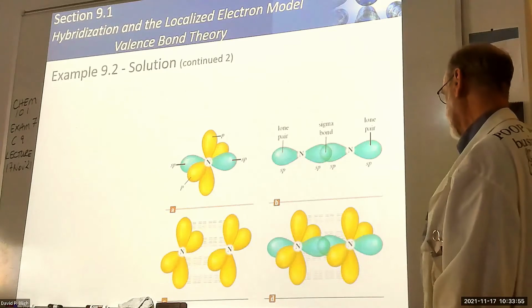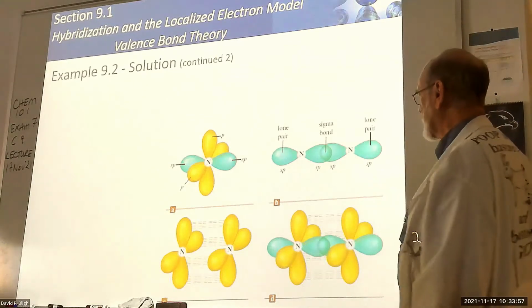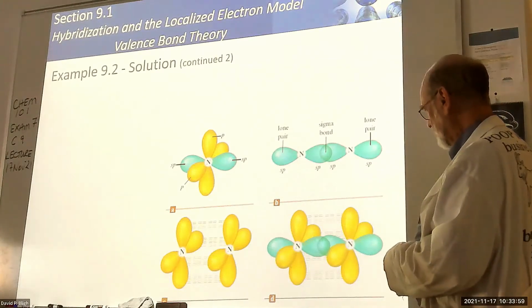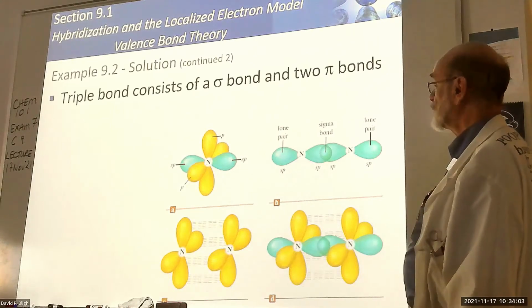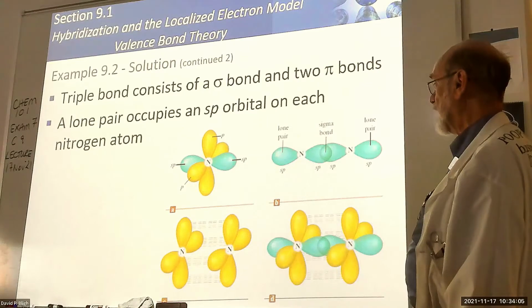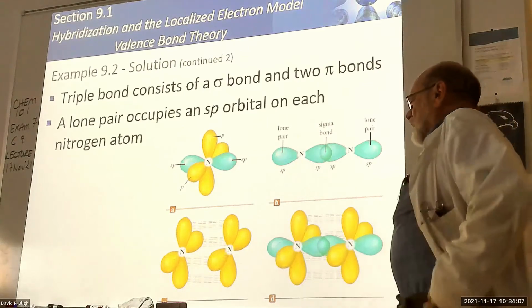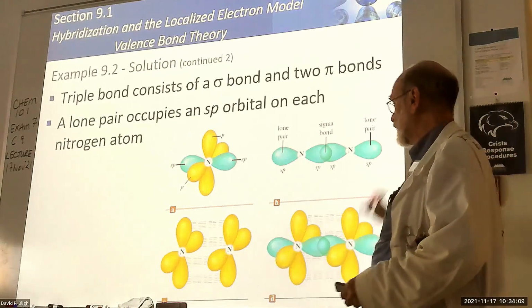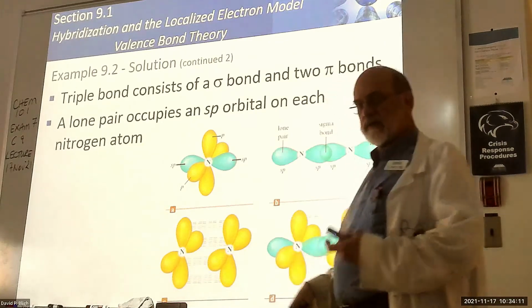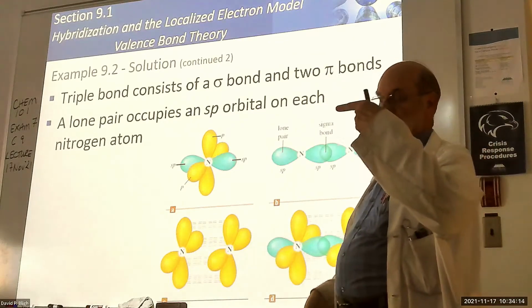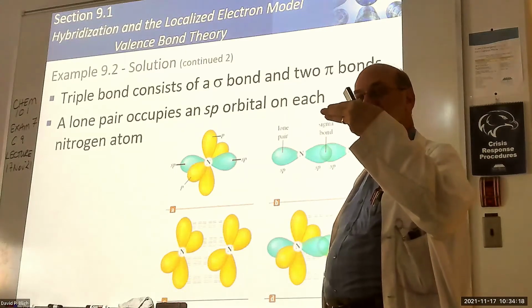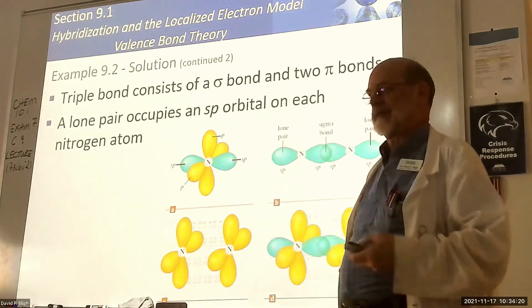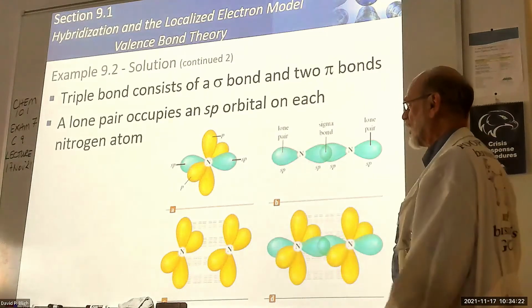So this is what dinitrogen would look like: one sigma bond and two pi bonds. And you can deduce this simply from the structure itself. You don't have to go through all this to see. If you've got one line, it's only a sigma. Two lines, it's a sigma and a pi. Three lines, it's a sigma and two pi's. Nothing hard about that.